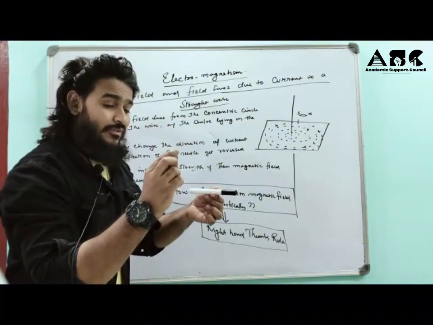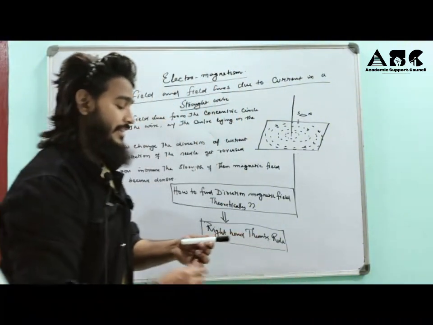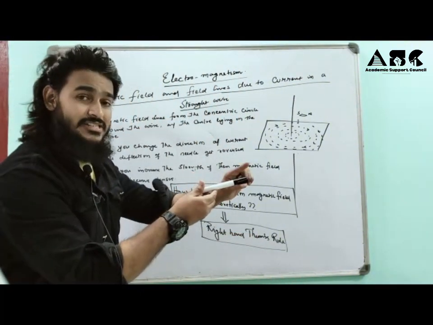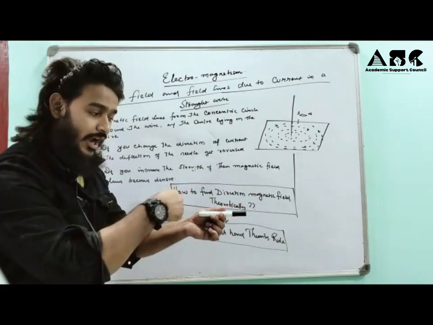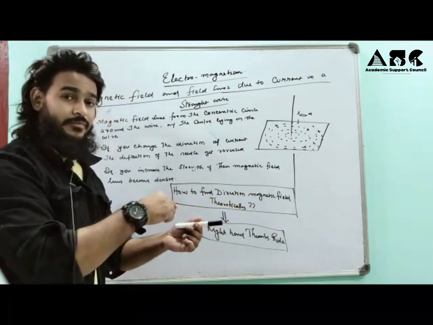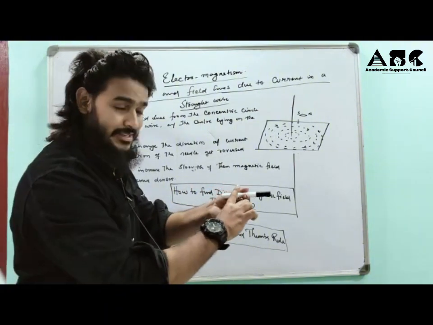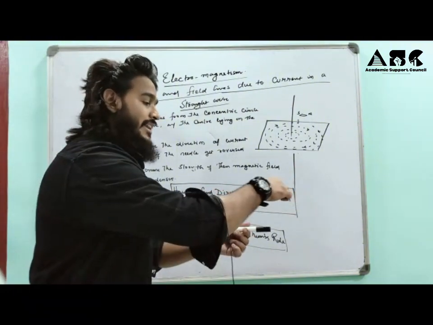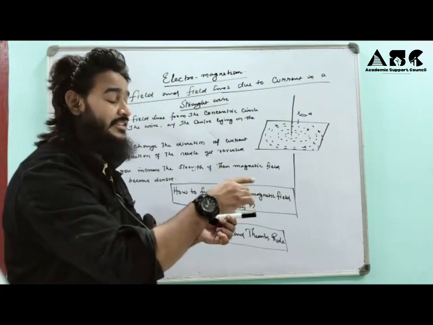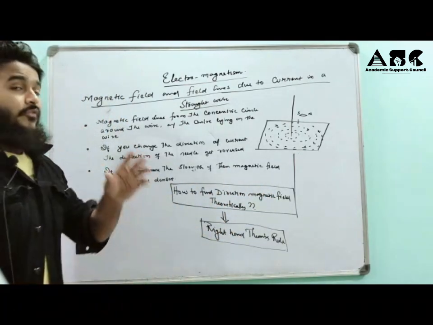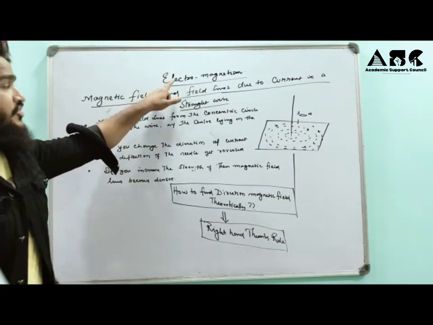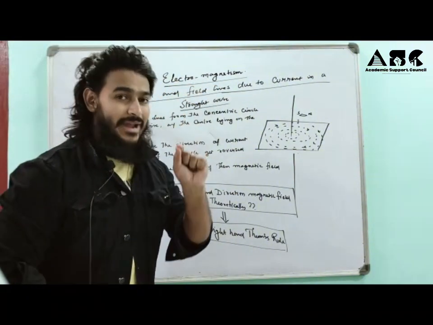So he found that whenever there is current passing through the conductor, a magnetic field is produced around the conductor. From here he got the concept of the relation between electricity and magnetism.